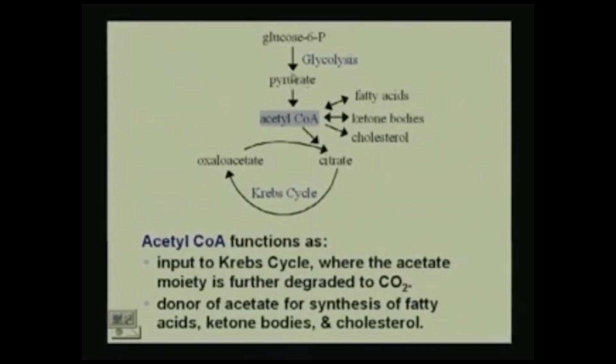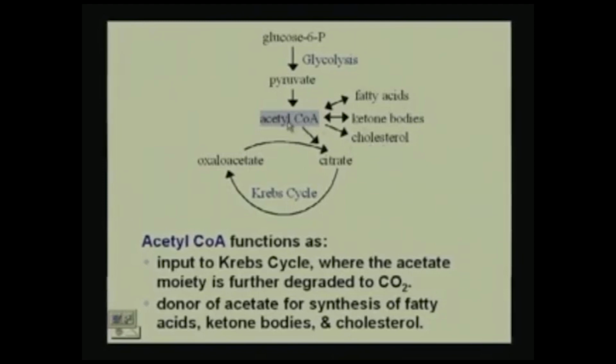So this is what we have. We have glucose getting to pyruvate, and now we have acetyl-CoA that is going to be the input to the Krebs cycle, where this acetate is going to be broken down into carbon dioxide. And we are going to have this acetyl-CoA also involved in other components, for the synthesis of fatty acids, ketone bodies and cholesterol, but that is beyond what we are going to do.